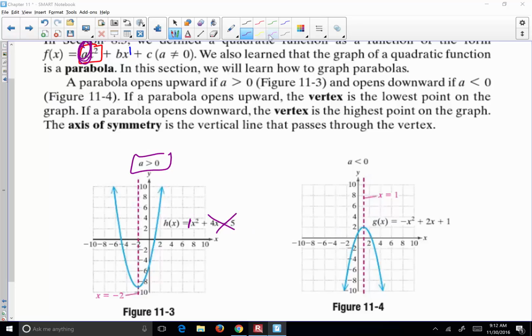But if it is negative 1, do you see this negative sign here? It's negative 1 times x squared. I don't care about the rest. And it's upside down. It has a maximum and two branches are growing down, opening downward.